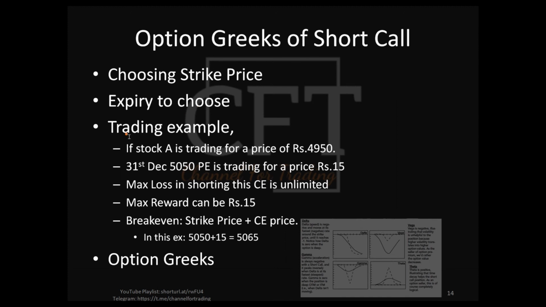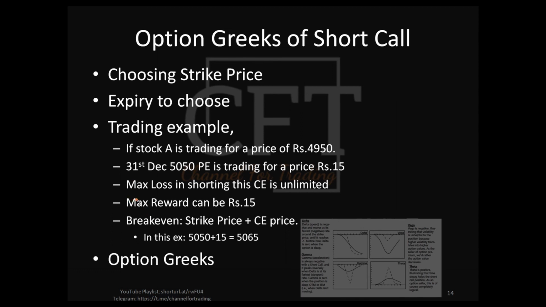Okay, now let's see an example here for short call. If stock A is trading for a price of rupees 4950, the 31st December 50/50 CE, this is the expiry and this is the strike price of the call option, is trading for a price of rupees 15. The maximum loss in shorting the CE is unlimited, which we have explained in episode 1. Please check that, you will get more clarity on this part.